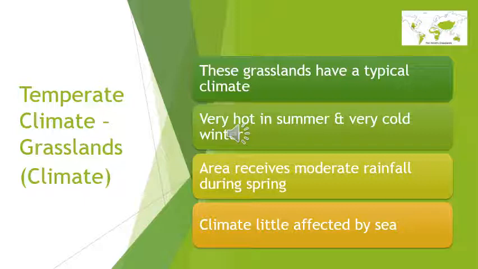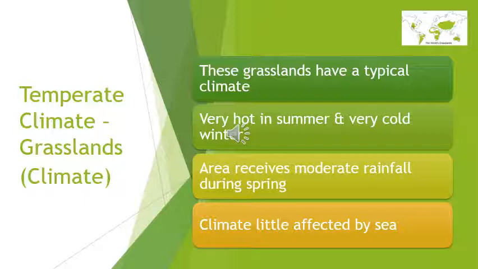Climate. Temperatures in temperate grassland vary according to the season. In winters, temperatures can plummet to well below 0 degrees Fahrenheit in some areas. In summer, temperatures can reach above 90 degrees Fahrenheit. It means it is very hot in summer and very cold in winter.